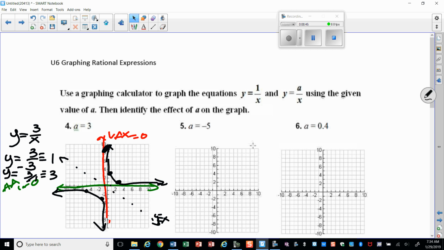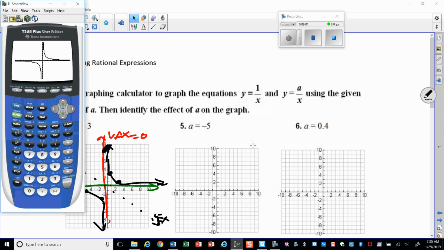All right, so now you can do the same thing, put in negative 5 and see what happens. So what do you think is going to happen if we make that negative? Oh, good. Okay. All right, so now I'm going to make a be negative 5. All right, so when a is negative 5, if I look at the graph, you can see it's reflected.